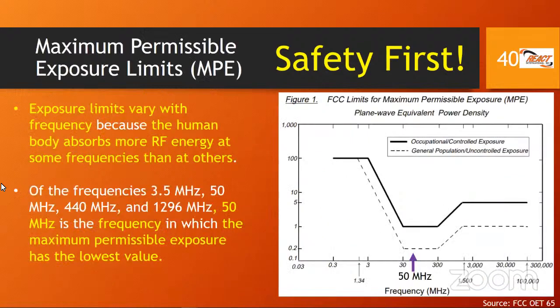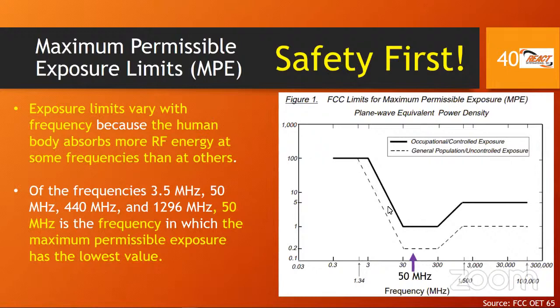All right, so maximum permissible exposure limits, also known as MPE. Let's look at the right-hand side here for a little graph. This graph shows the frequency on the x-axis, and we have the maximum permissible exposure on the y-axis. Notice that the maximum permissible exposure changes as you change frequency.